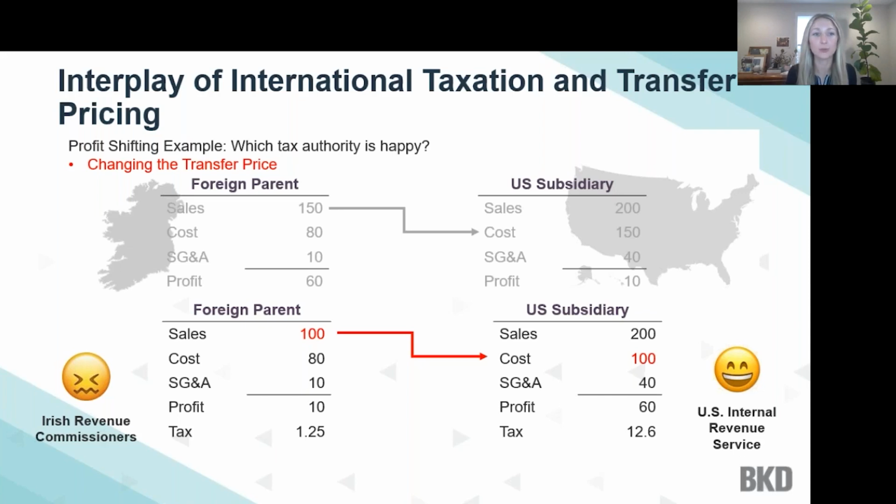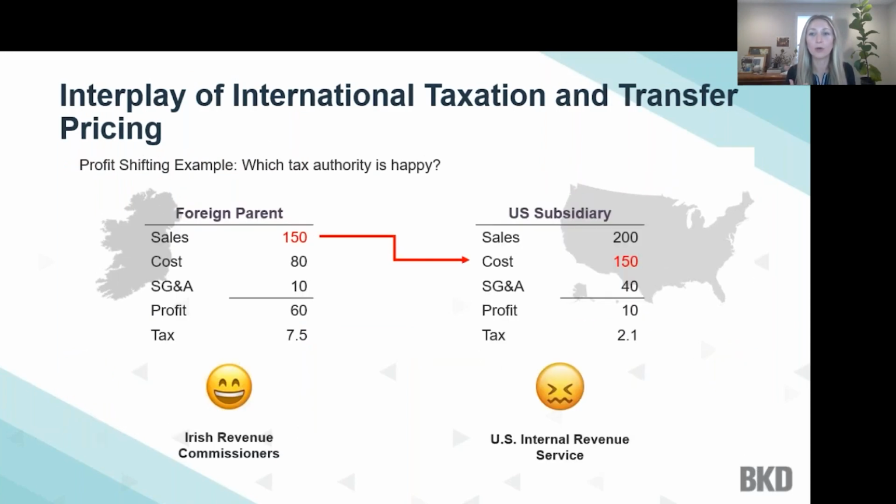As compared to the prior slide, the worldwide effective tax rate was closer to 14%, because the transfer price on these related party sales was much higher, so more profit was recognized in Ireland, making the worldwide effective tax rate on this transaction closer to 14%.